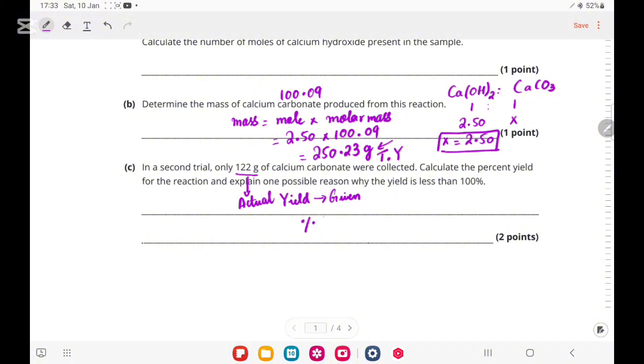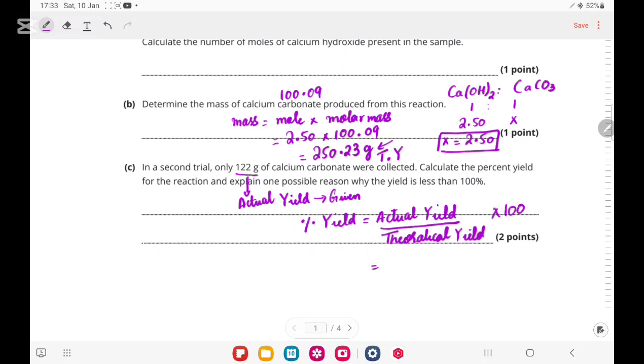So the formula of percentage yield is actual yield divided by theoretical yield and times 100.